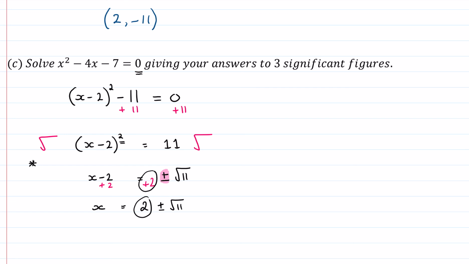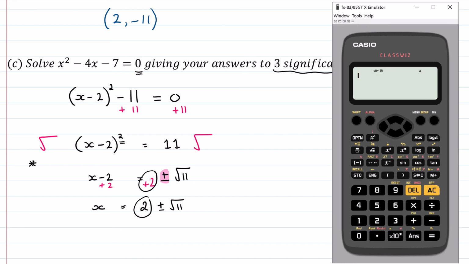Now it says you give your answers to 3 significant figures. So you get your calculator and you type it one at a time. So 2 plus root 11 equals, then you press your SD button, and to 3 significant figures 5.32, because the 6 rounds up.